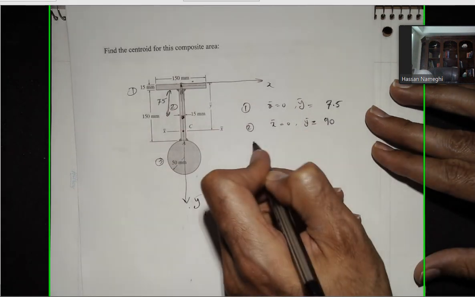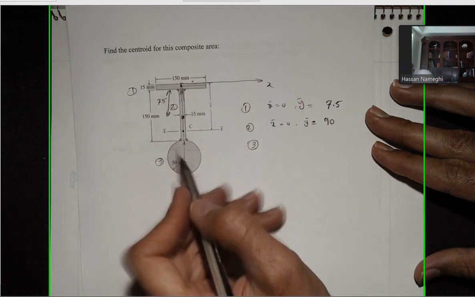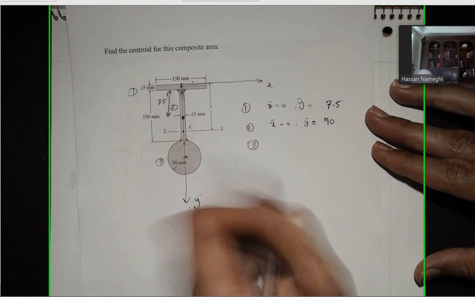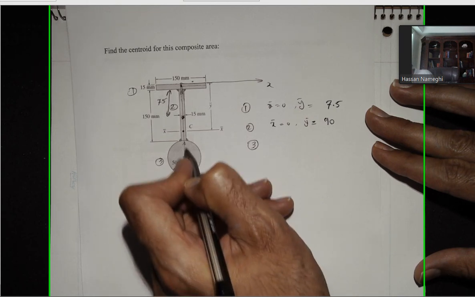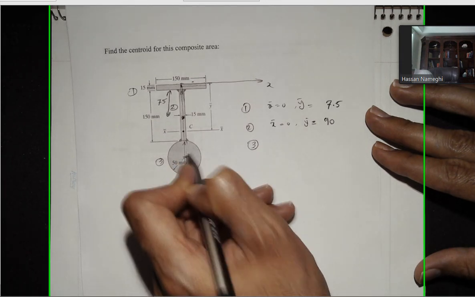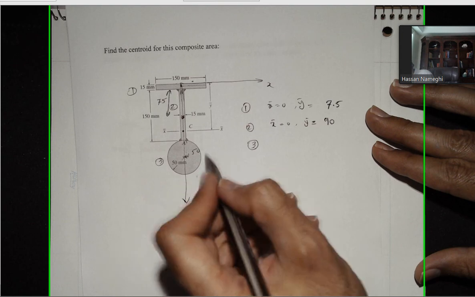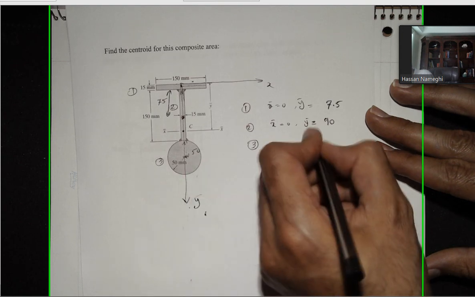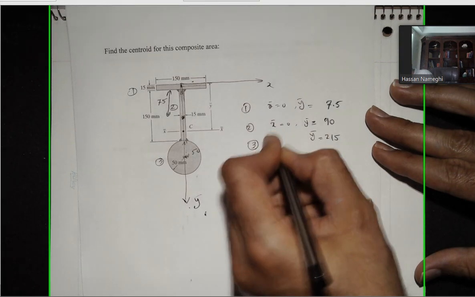The very last one, the 3, which is the circle. The center is here. The radius of the circle is 50. So you are coming 50 down here. So 50, 150, and 15. So it will be 215. 215, and x bar is equal to 0.